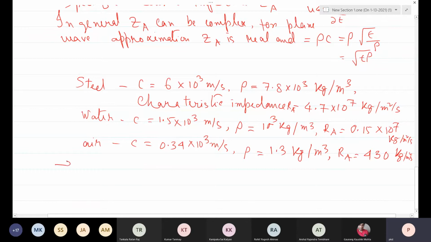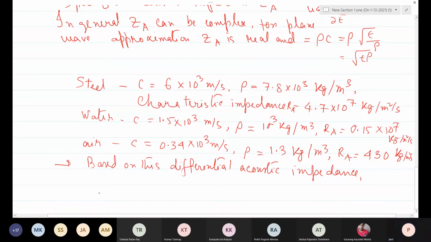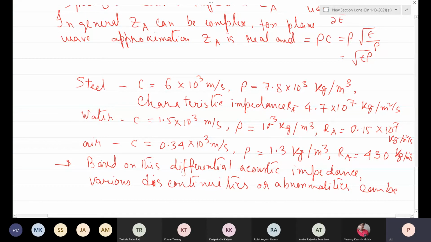Now, based on this property, based on this differential acoustic impedance, various discontinuities or abnormalities can be estimated.